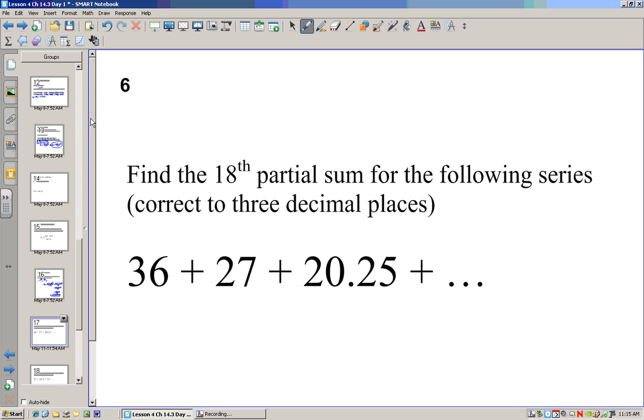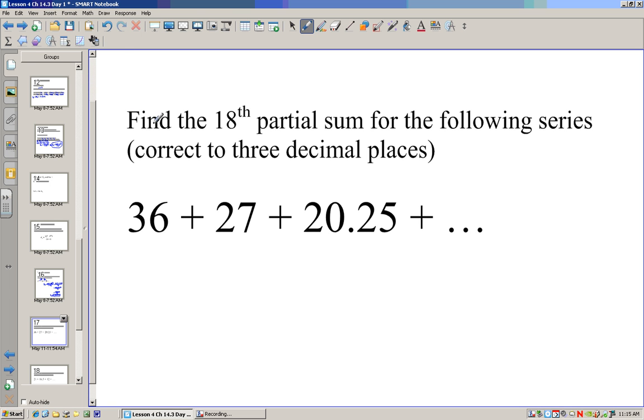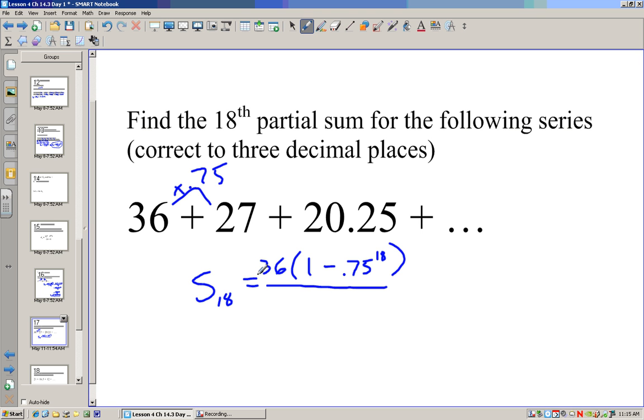All right, try this one. Find the partial sum of the first 18 terms. Here we're multiplying by 0.75. So the sum of the first 18 terms is going to be my first term times 1 minus my r to the n, all divided by 1 minus my r.